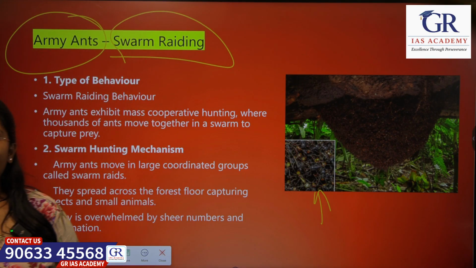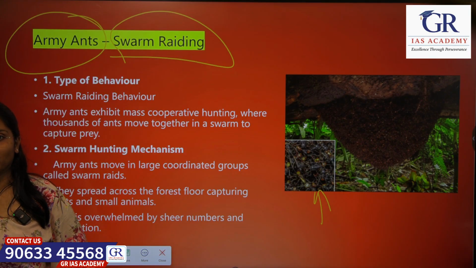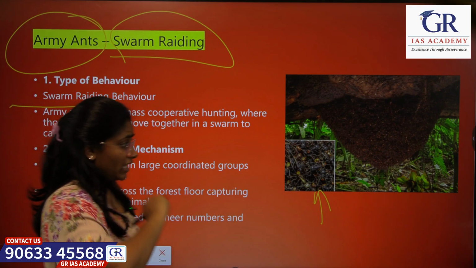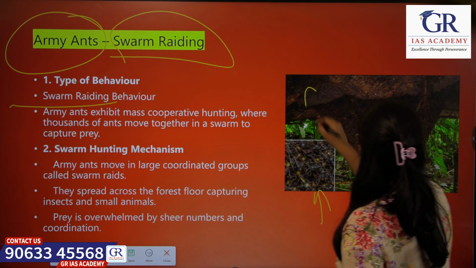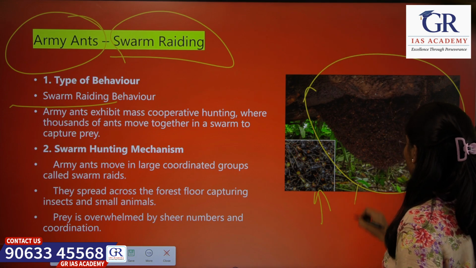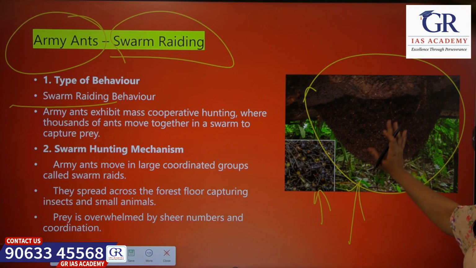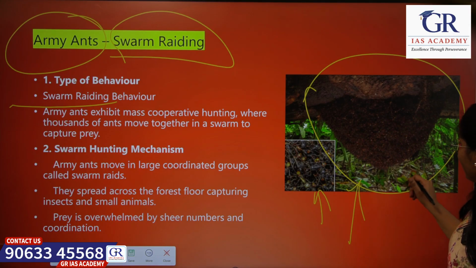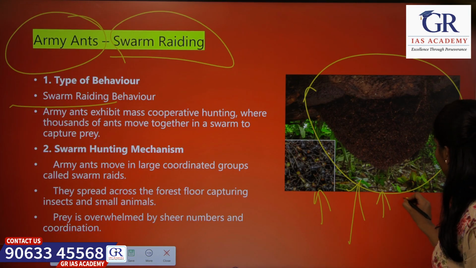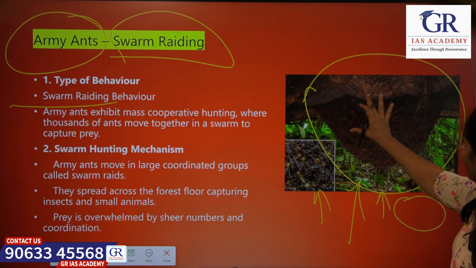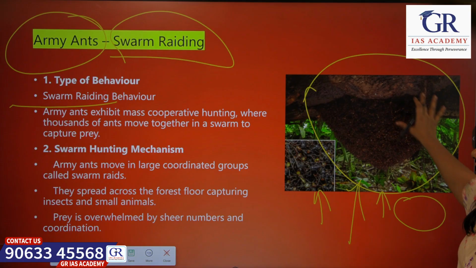Army ants also exhibit cooperative hunting, which is called swarm riding, and they move in swarms collectively. Some thousands of ants move collectively to create a swarm and hunt the prey. These swarms are nothing but groups of army ants. They capture insects or small animals and enclose them like this.